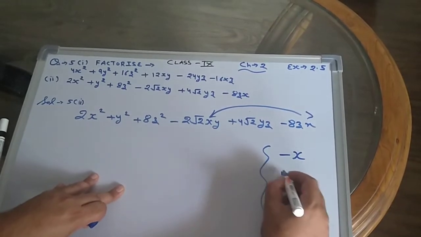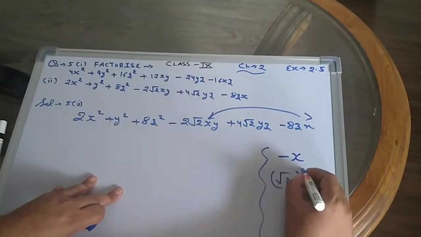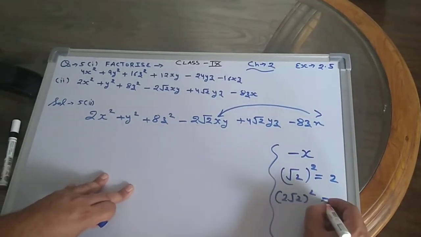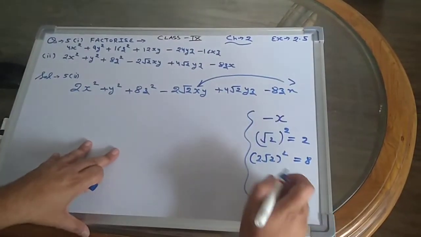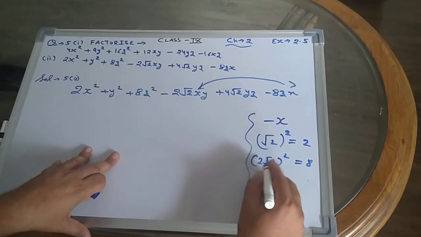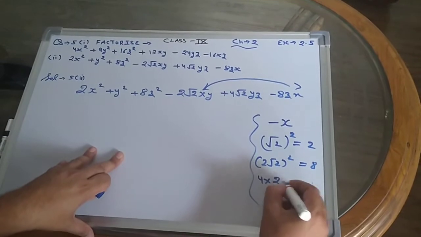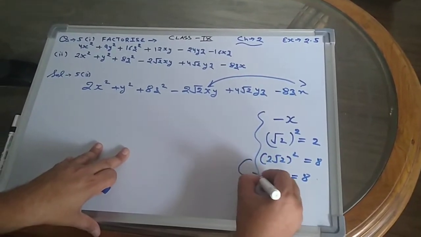And students, you must know this: under root 2 square is 2 and 2 root 2 square is 8. I explain, 2 root 2 square means we have to square both these terms, 2 square multiplied by under root 2 square, so it comes out to be 8.